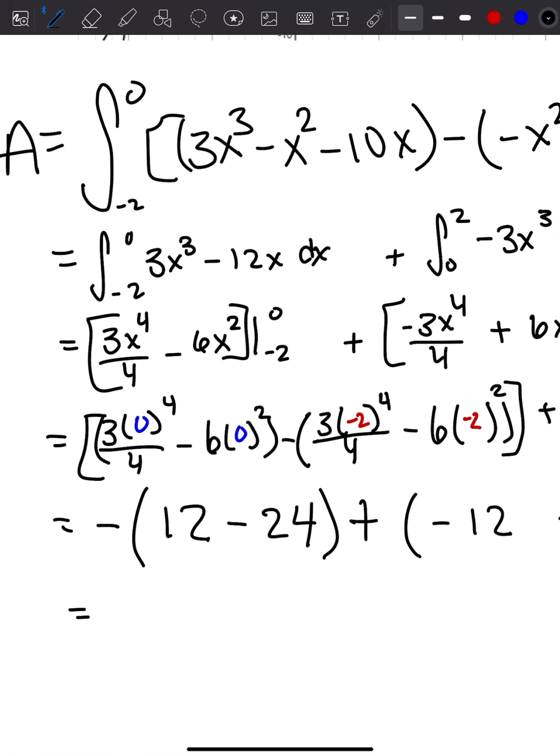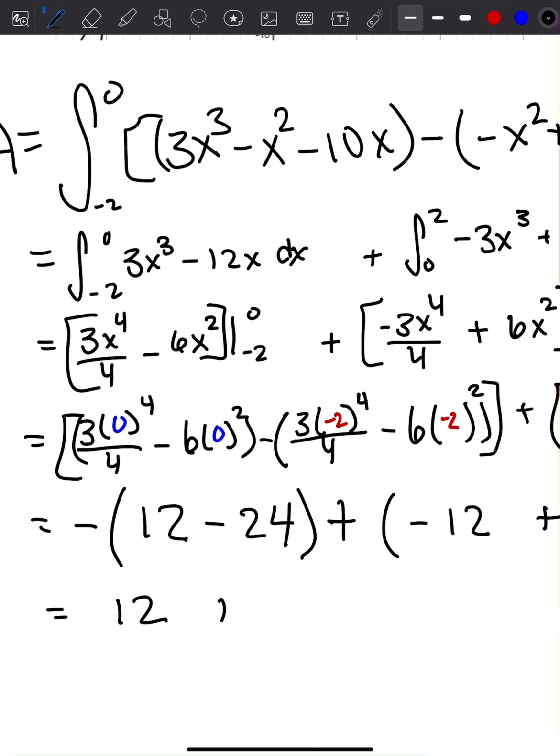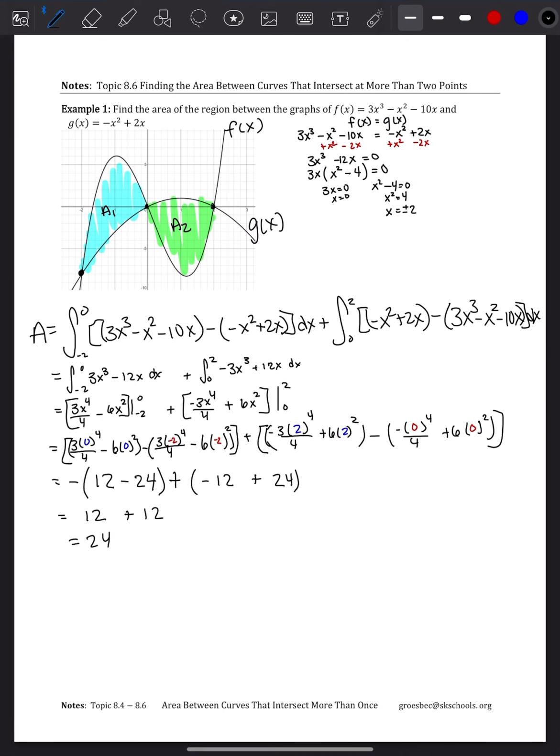So I have 12 minus 24 is negative 12, but all of that is negative, so this turns into a positive 12. We have 24 minus 12 on this side, so we have 12 plus 12, and 24. So our answer overall is the area with those two pieces here of a sub 1 and a sub 2 is 24 altogether.